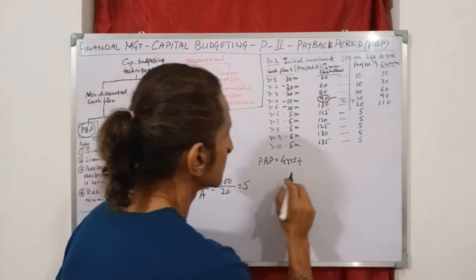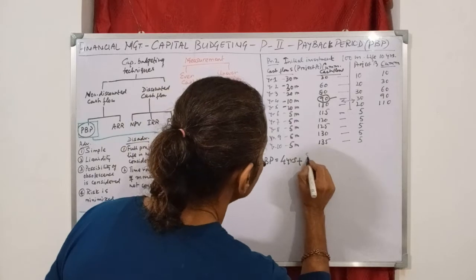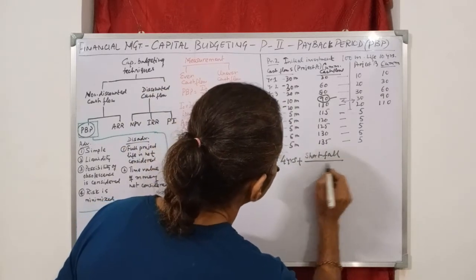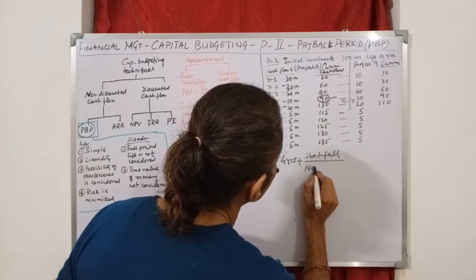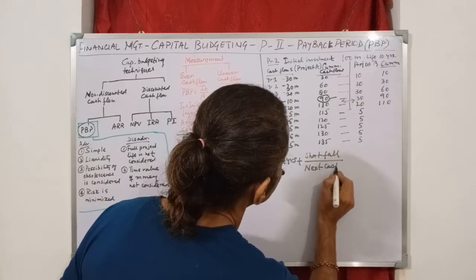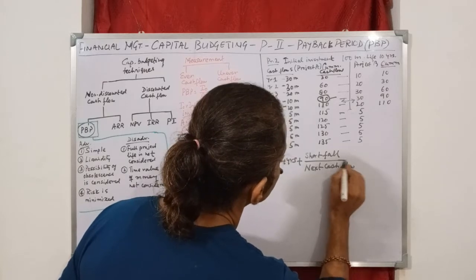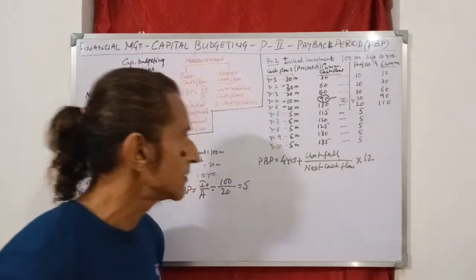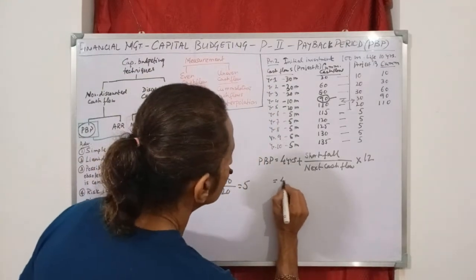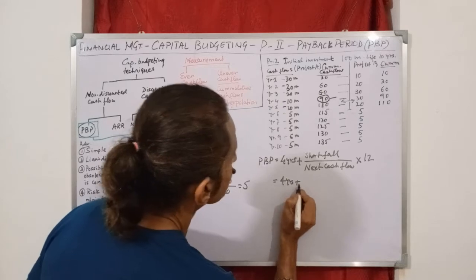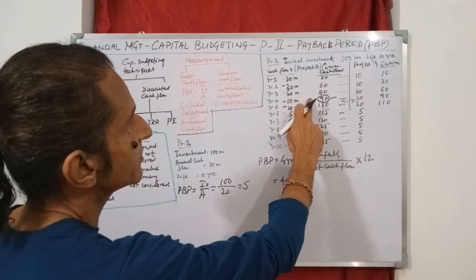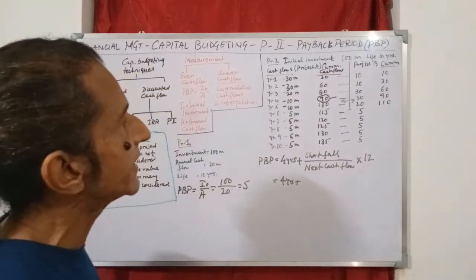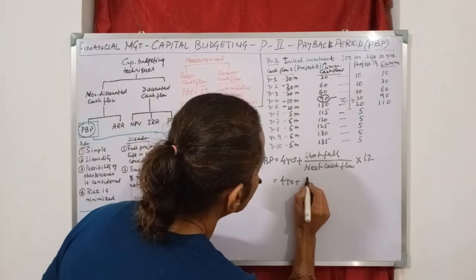So in this case, the formula is the shortfall divided by the next cash flow into 12. Why 12? 12 means 12 months. Now after the fourth year, what is the shortfall? 90 million is recovered and the initial investment is 100 million. So 10 million is the shortfall.